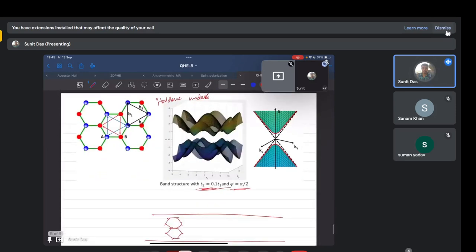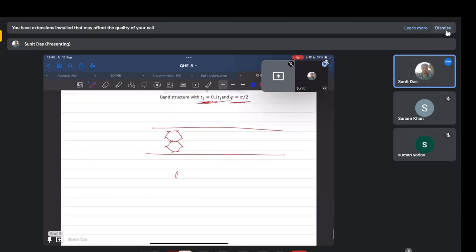We take some finite size along x or along y, according to our choice, and see what is really there. Is there any edge state or not? If there is any edge state, there is a theorem called bulk boundary correspondence.